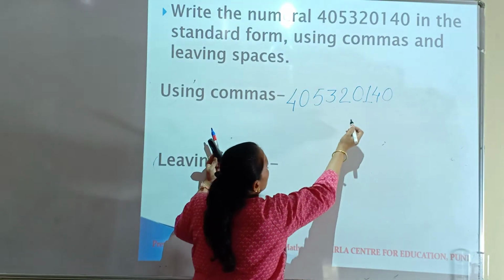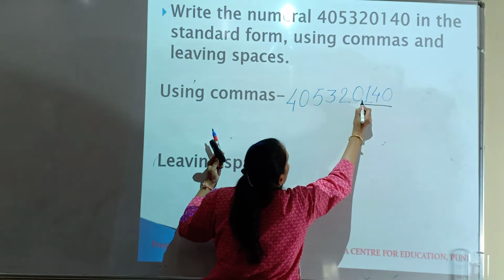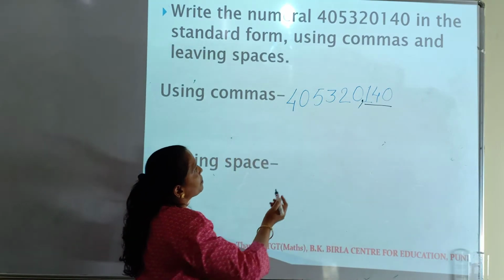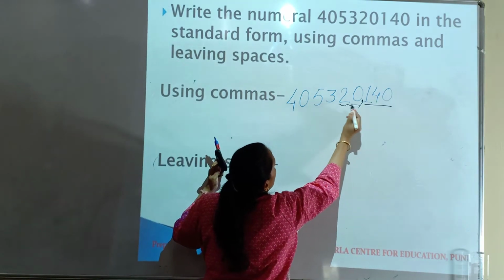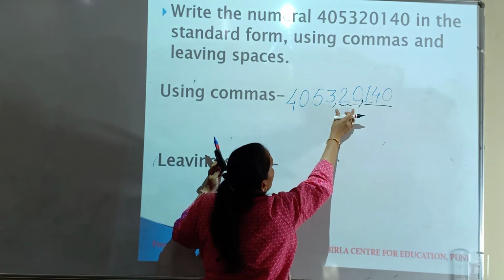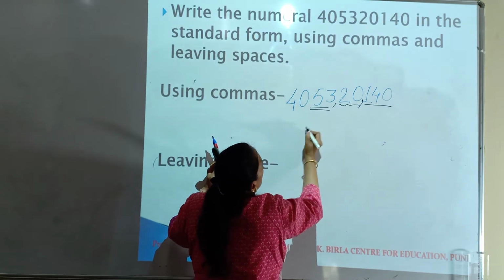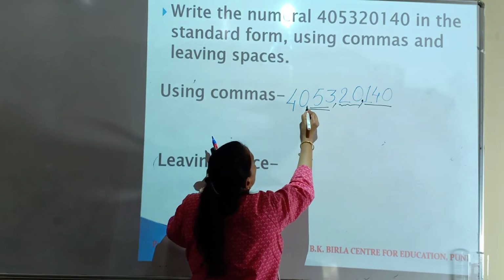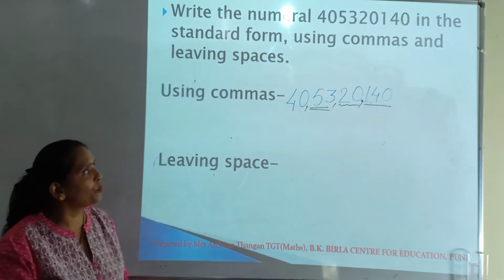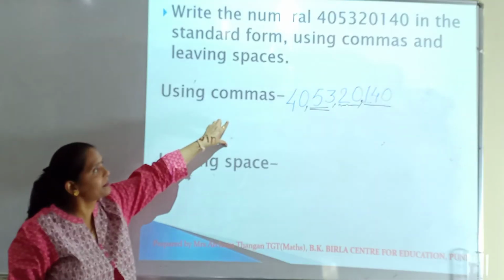So, in the first period, after 3 digits, you have to put a comma. Then after 2 digits, you have to put a comma. This is the ones period, the 1000 period, and this is the lakh period. After these 2 digits, you have to put a comma. This is the way you have to put commas according to the Indian system.